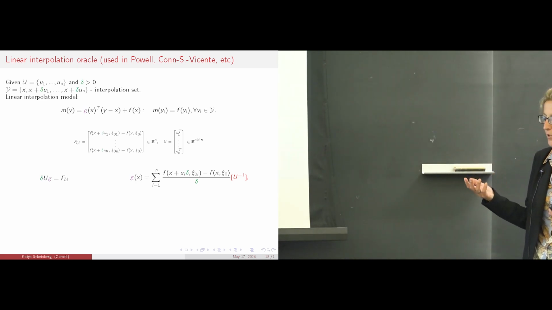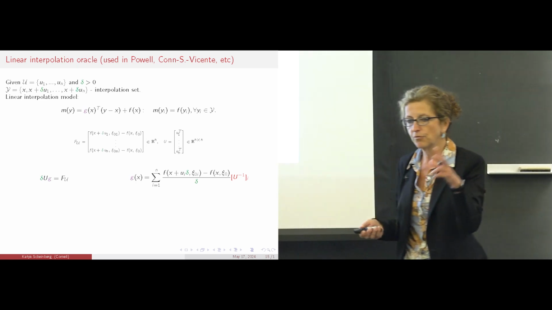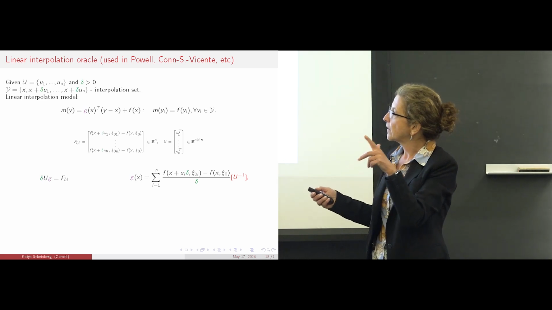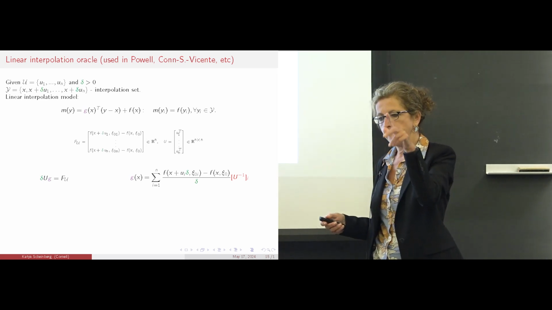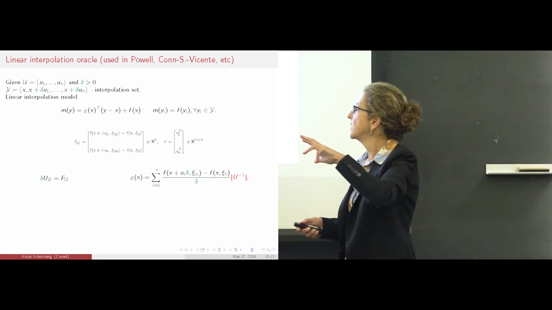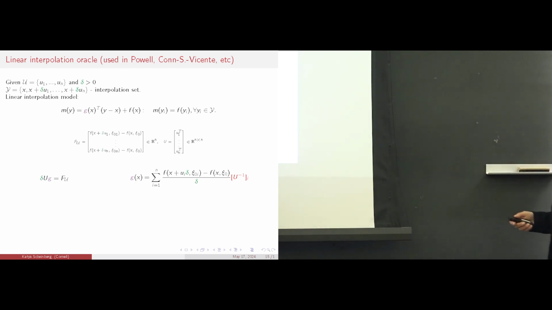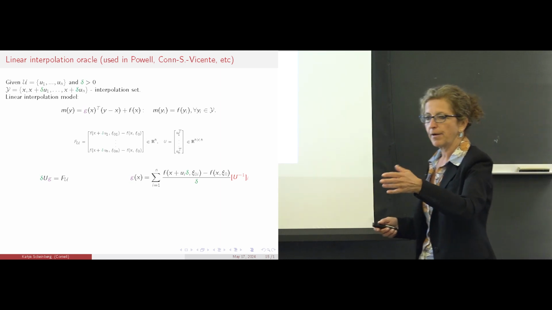It's basically a generalization of your finite difference approximation. So let's start with exactly n plus 1 points in an n-dimensional space. And you can fit a linear model to this. So you fit a linear polynomial. And to do that, you solve a system of linear equations.